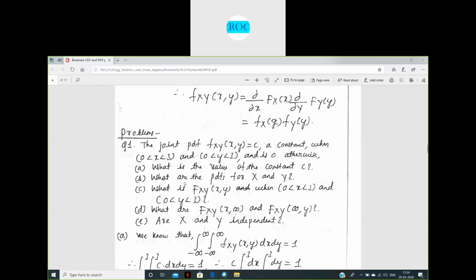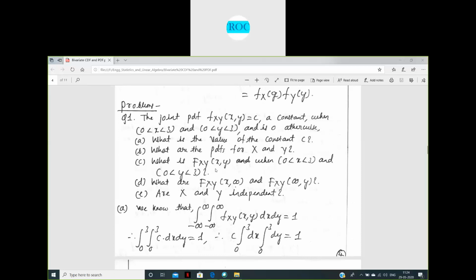B, what are the PDFs for X and Y, that is, lowercase f_X(x) and lowercase f_Y(y). Next, C, what is F_XY(x,y) when x is less than 3 and y is less than 3.